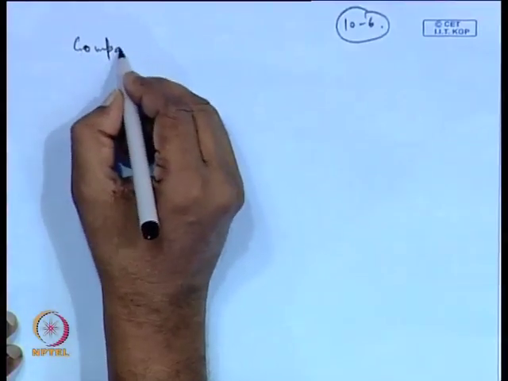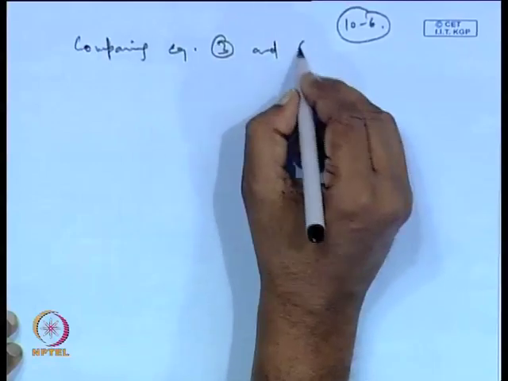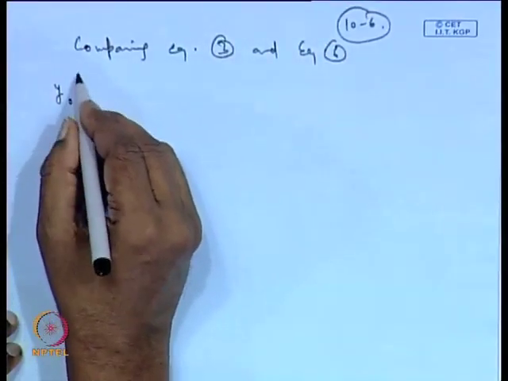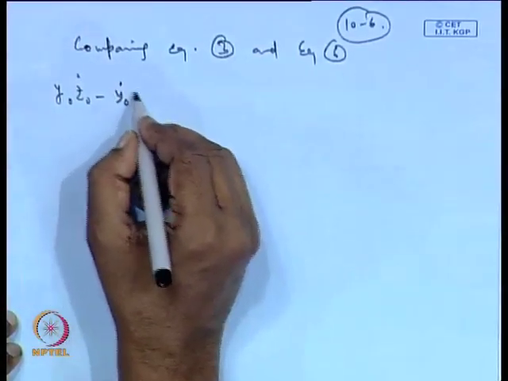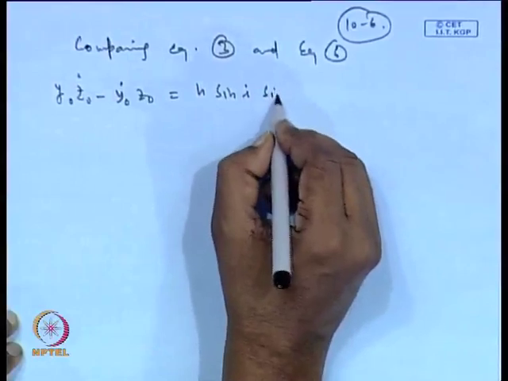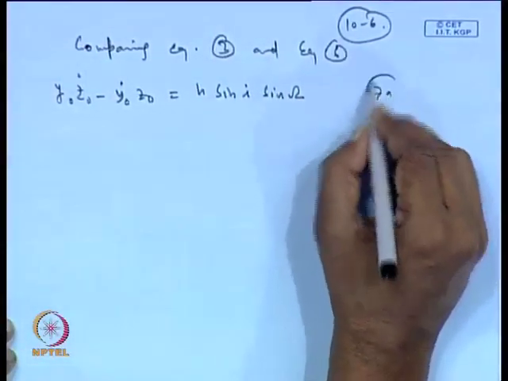Now, comparing equation 3 and equation 6, we can write y0 z0 dot minus y0 dot z0 is equal to h sin I sin capital omega. This is 7a.